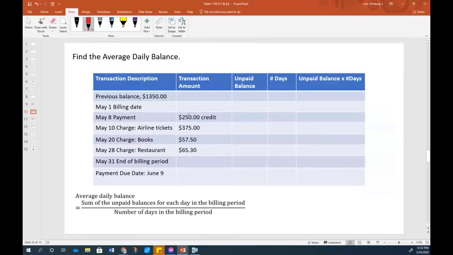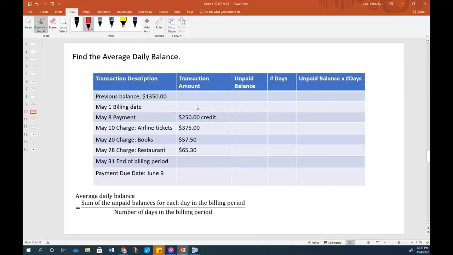So if you've made a payment, then you get a credit. On the other hand, it's a charge that we've got on here. So if you need to find the average daily balance, what we're going to have to do is add some columns to the information that they actually give you on your credit card statement.